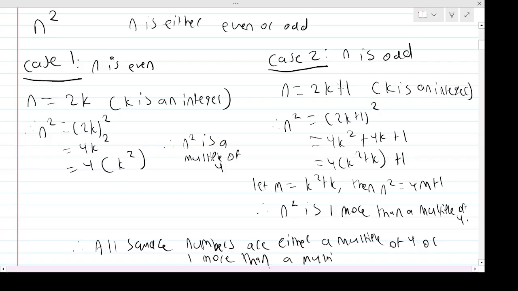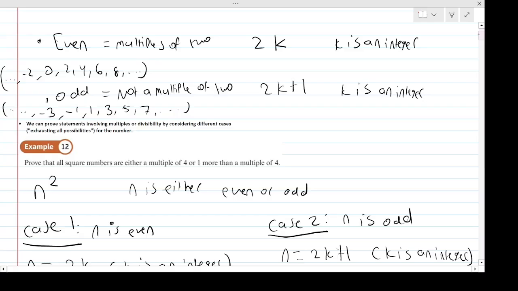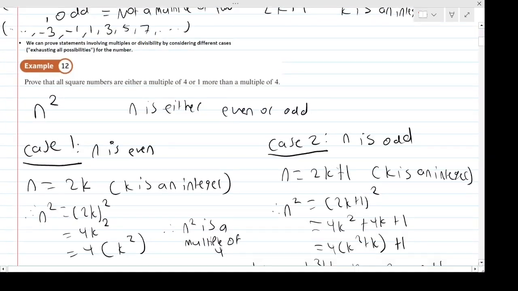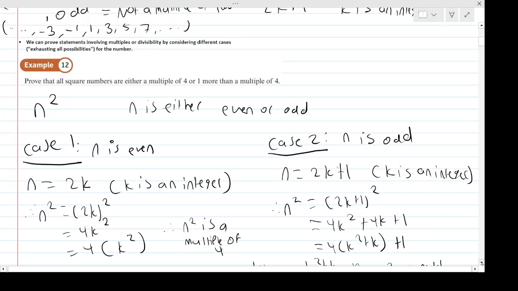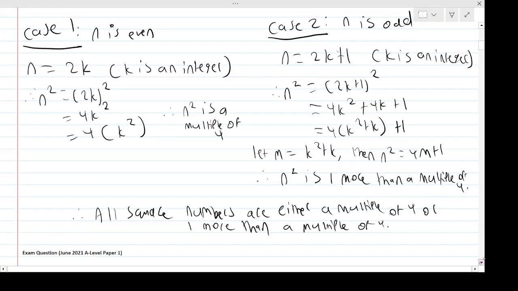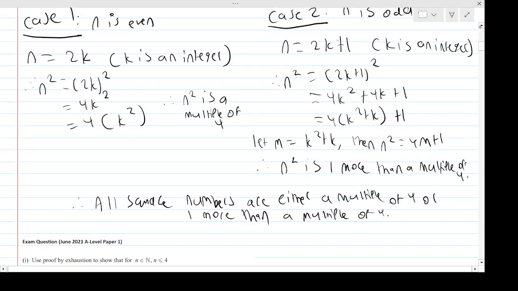I do recommend restating the conclusion by restating the answer that they want you to prove, just so you get all the marks. It depends how funny the mark scheme is. If you don't write a conclusive statement, I don't know, but I tend to do that.